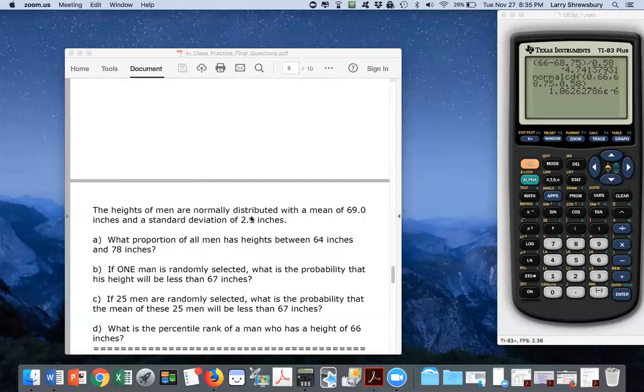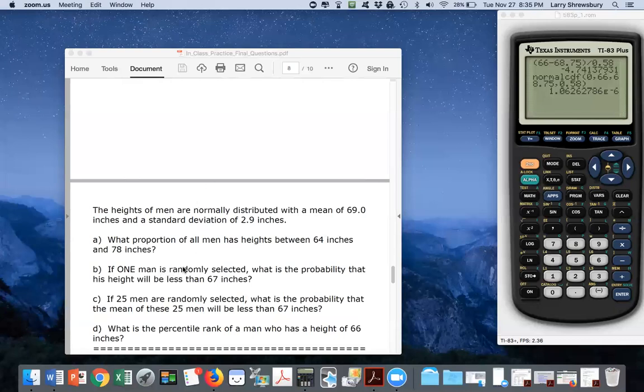And when you've been given that, you could find what proportion of this population is in a particular interval. You've got a lower bound and an upper bound. So we're talking about a proportion of the population being in an interval. Well, it's for a population, so this is a population distribution problem.